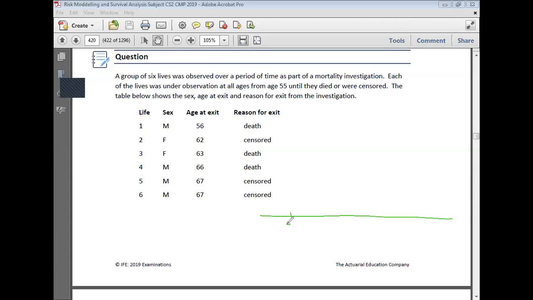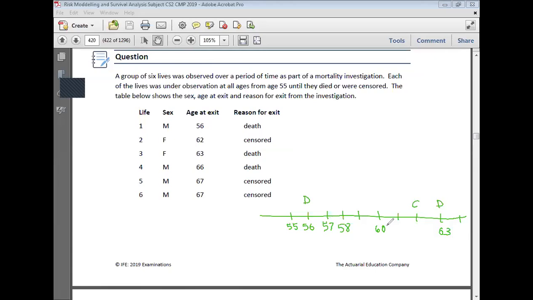So again, we have 55 here, 56, 57, 58, 59, 60, 61, 62, 63, and so on and so forth. So this particular guy died at the age of 56. Then this particular person got censored at the age of 62 and died at 63. And then whatever happens next.